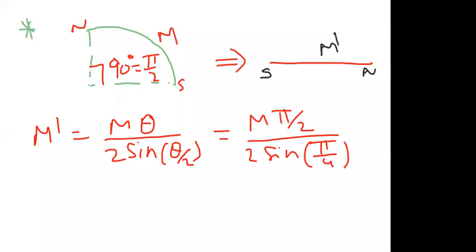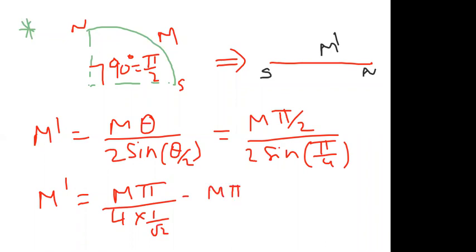So M dash equals M pi by 2, with the 2 going to the denominator, making 2 into 2, which is 4, and sine pi by 4 is 1 by root 2. So M dash equals M pi root 2 by 4.